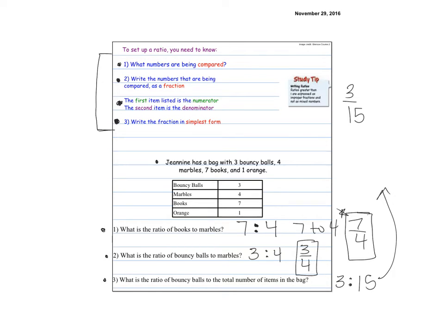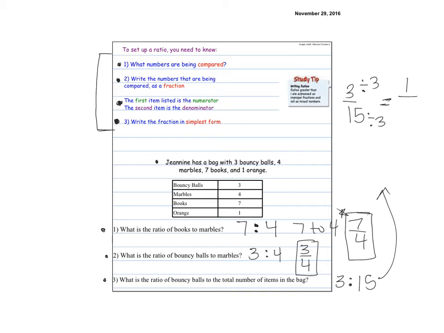This says that 3 items in the bag are bouncy balls, and there's 15 items in the bag. So for every 15 items in the bag, 3 will be bouncy balls, according to what Janine has going on with her bag right now. Then we can write it in simplest form, and I know that 3 and 15 can both be divided by 3.